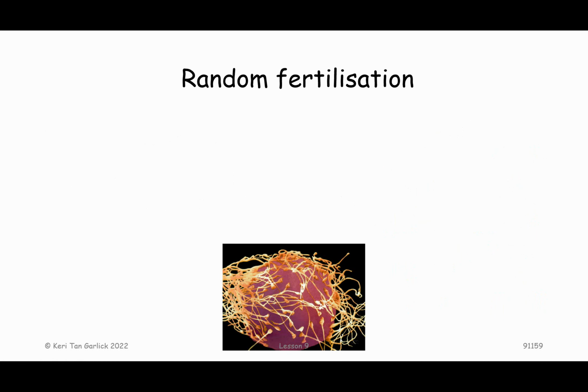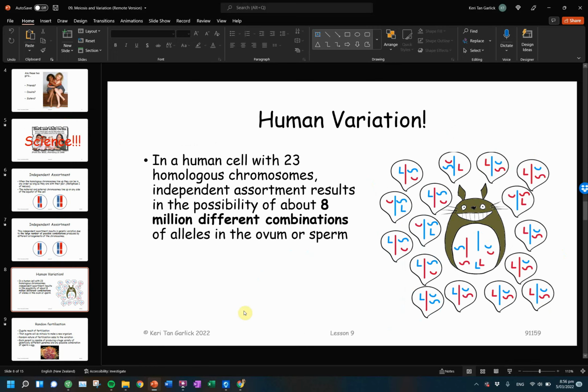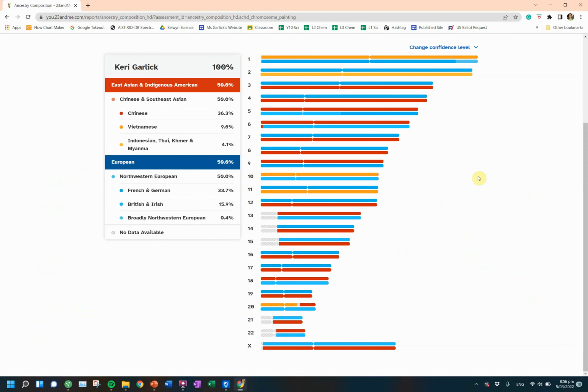This shows the importance of having those 2 parents. So let's go back to my 23andMe. In my case, I have really organized chromosomes because I have my Asian mom and my white dad. When my body produces its eggs, there are going to be random combinations of whether I get mom's chromosome or dad's chromosome in each one of those eggs.